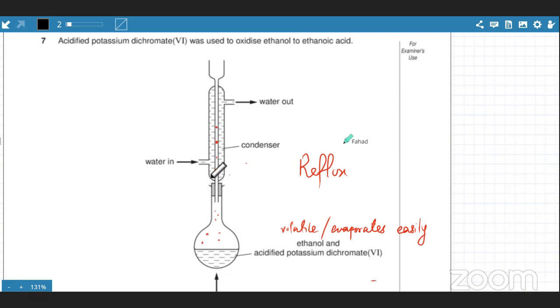And if it cools them down, the particles would eventually fall back into the container and they would have to react with potassium dichromate(VI). So they don't have any escape. Particles evaporate, they come back in, and when they fall into the container, potassium dichromate(VI) is standing there and it's going to react with the alcohol. So the reaction is going to happen, and in this way, a volatile substance is able to react.